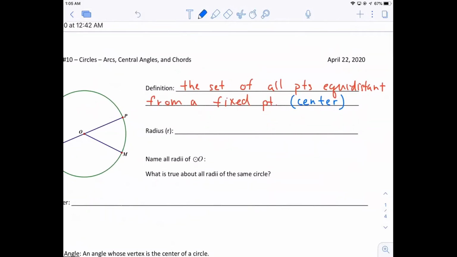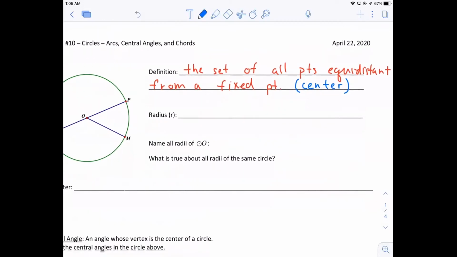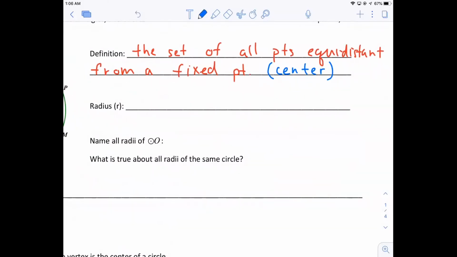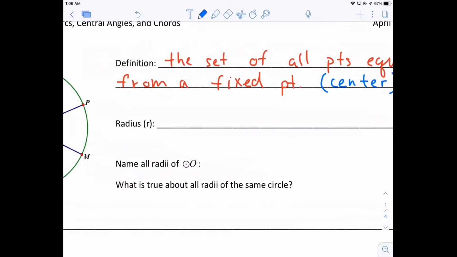What's the definition of a radius? So geometrically speaking, what kind of thing is a radius? Well, a radius is a line segment. So that's how we're going to start the definition.